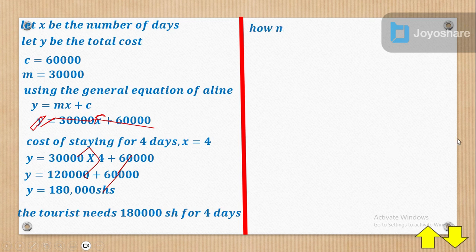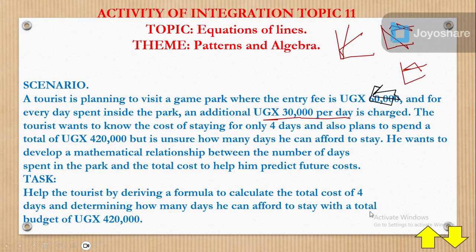So next now we must see how many days he can afford with 420,000. Of course, if you remember, here they said: help the tourist by deriving a formula to calculate the total cost of 4 days and determining how many days he can afford to stay with the total budget of Uganda shillings 420,000. So how many days are in 420,000?